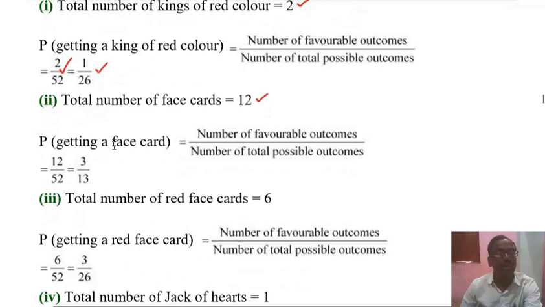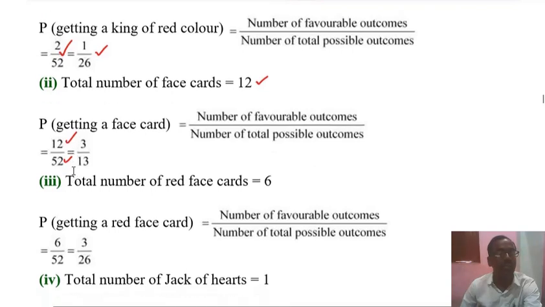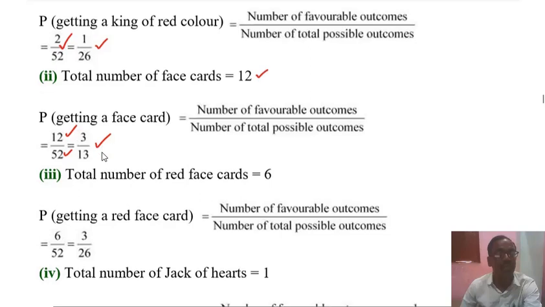So the probability of getting a face card equals the number of favorable outcomes, which is 12, over the total number of possible outcomes, 52. After cancelling out the common factor, we get 3 by 13. So the answer of this one will be 3 by 13.